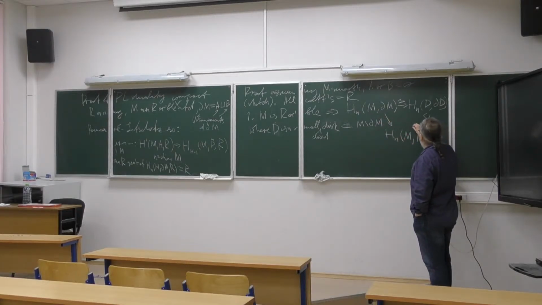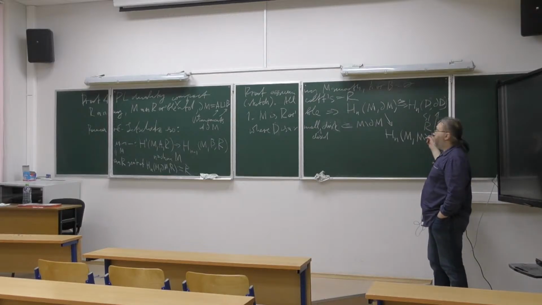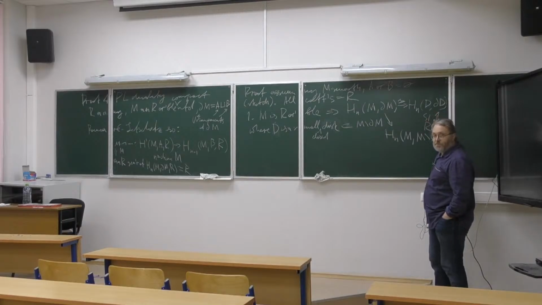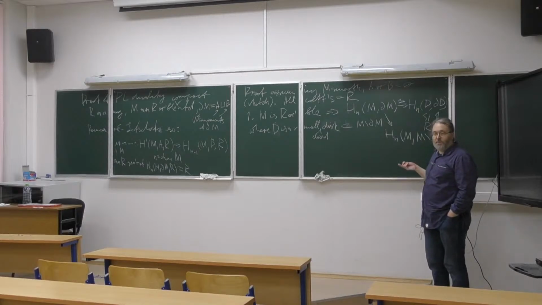And then I have this map, which is an isomorphism. And this isomorphism is a consequence of the excision property. Namely, what exactly do I cut away?